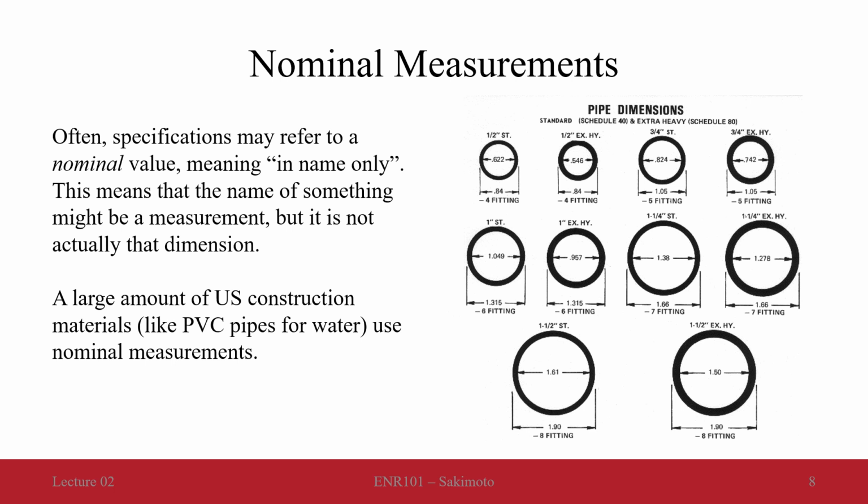Half inch refers to a nominal value, and this pipe is approximately 1/2 inch. But looking at the actual dimensions, you'll see that both the outer diameter, so the outer surface of the pipe, as well as the inner diameter are both larger than 1/2 inch, 0.84 inches and 0.622 inches.